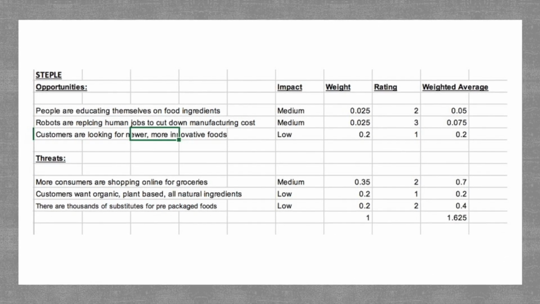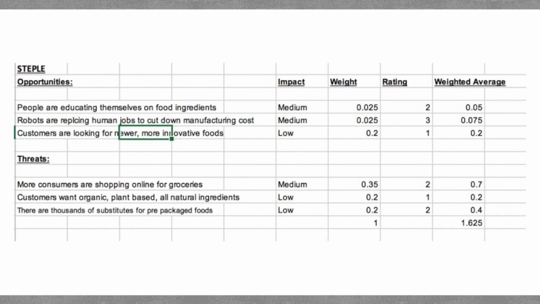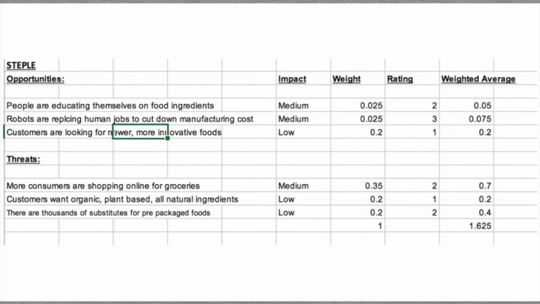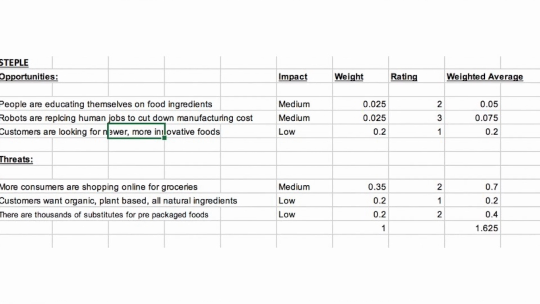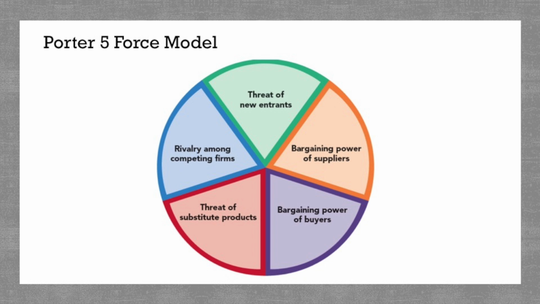Here we have the weightings and the rankings of the 6 key factors that we found in our STEEPLE analysis, holding our opportunities and our threats that we have just discussed. Following our STEEPLE analysis, we also did a Porter analysis.